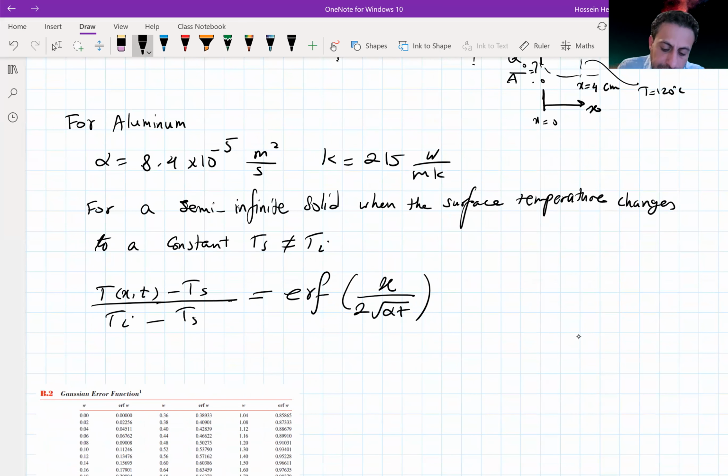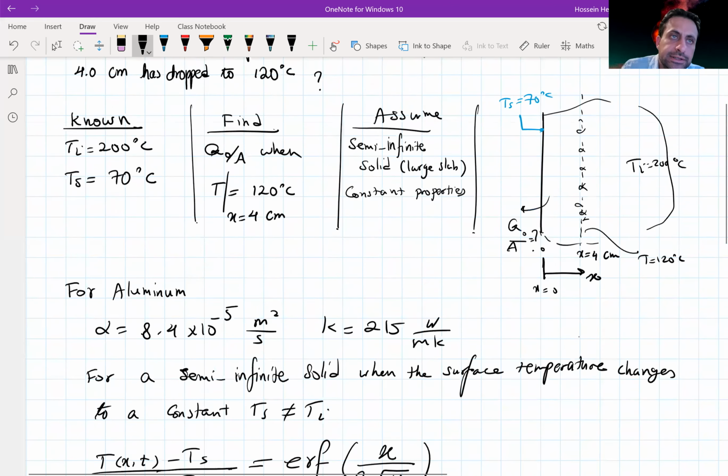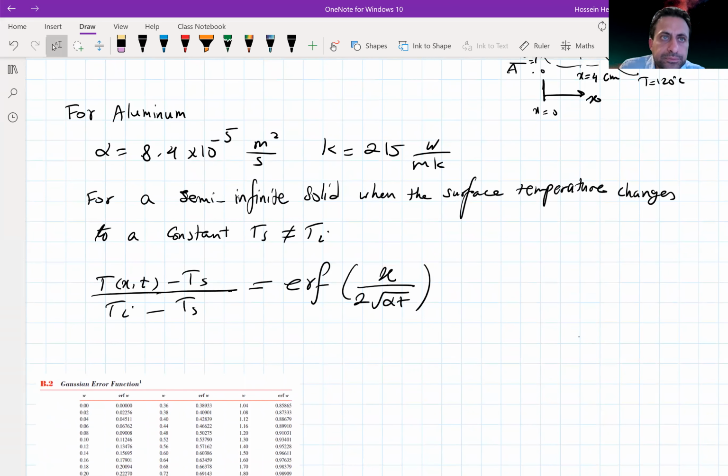We know the surface temperature, we know x, we know alpha, we don't know time. So from here, we can find how long it would take the temperature at this x to reach 120 degrees C.